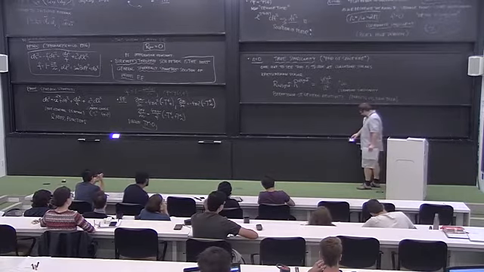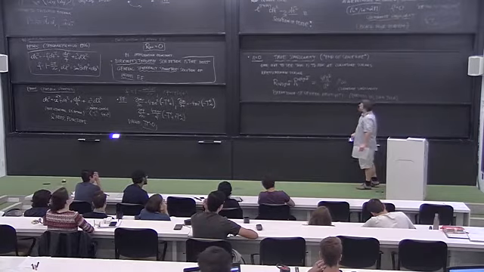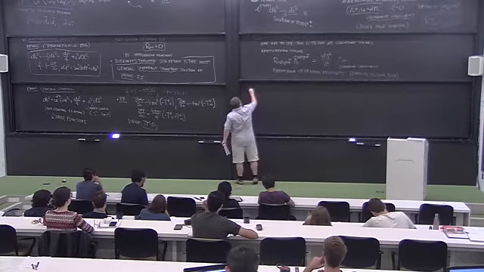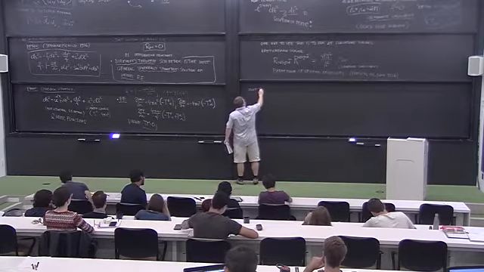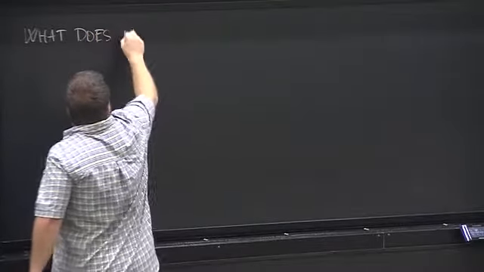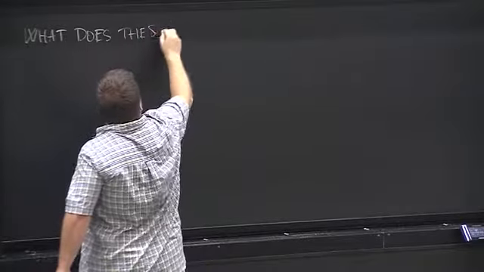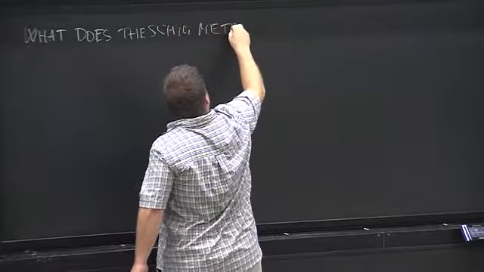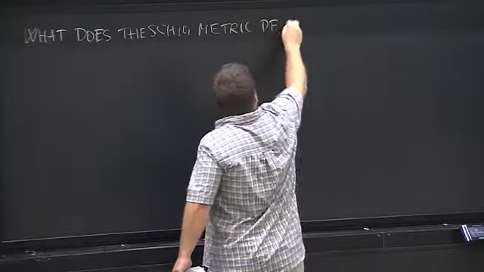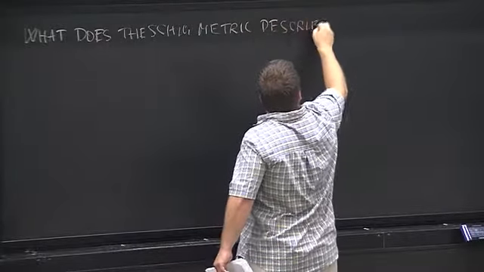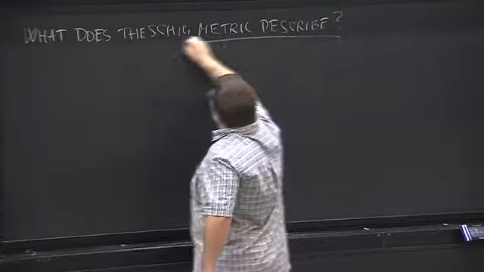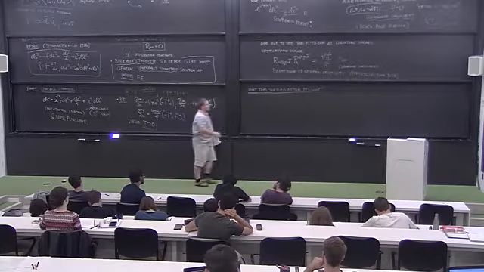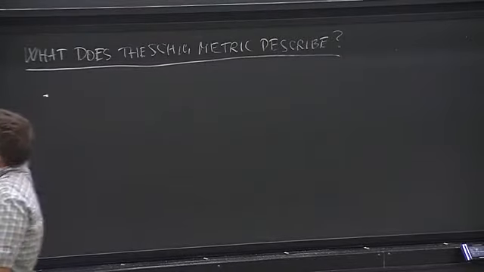So the question is, what is this solution good for? What does the Schwarzschild metric describe? Precisely what Matthias said is that we know Birkhoff's theorem.